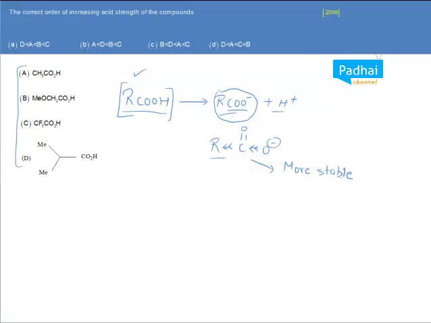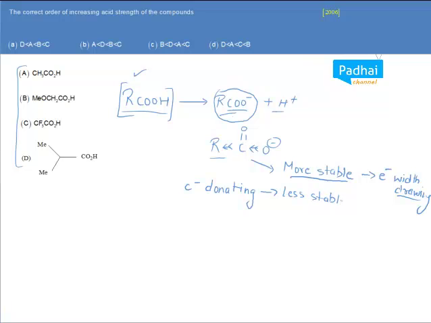So electron withdrawing makes it more stable, while electron donating groups make it less stable, right?